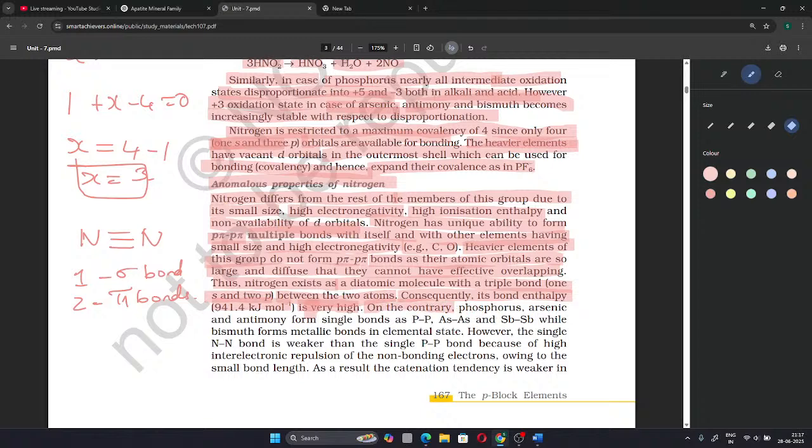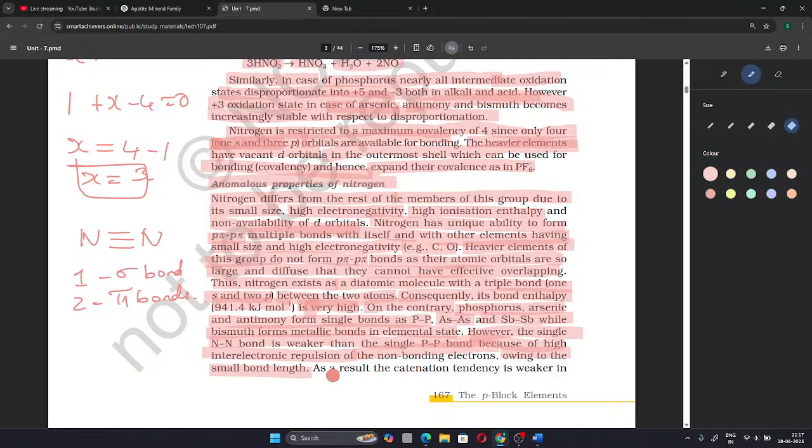On the contrary, phosphorus, arsenic and antimony form single bonds as P single bond P, As single bond As, and Sb single bond Sb, while bismuth forms metallic bonds in the elemental state. However, the single N-N bond is weaker than the single P-P bond because of the high inter-electronic repulsion of the non-bonding electrons, owing to small bond length.